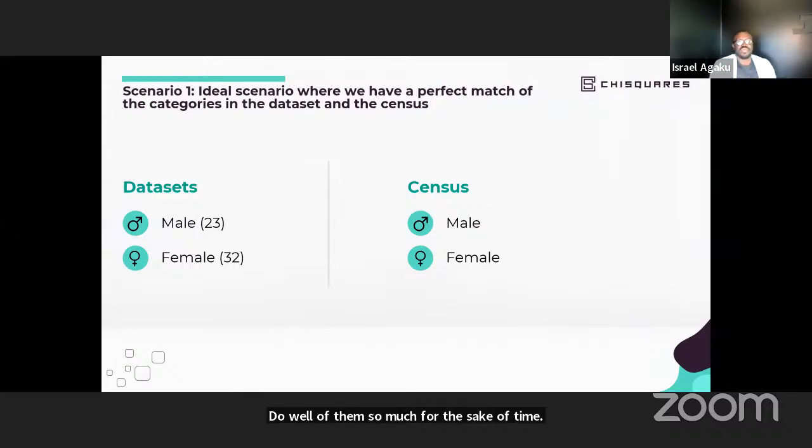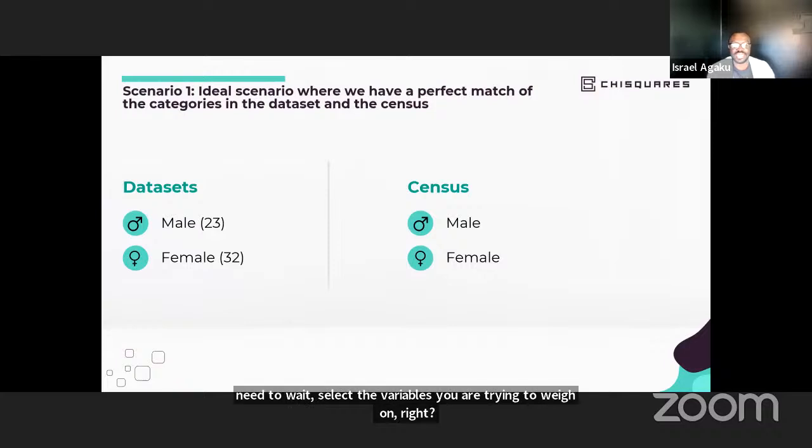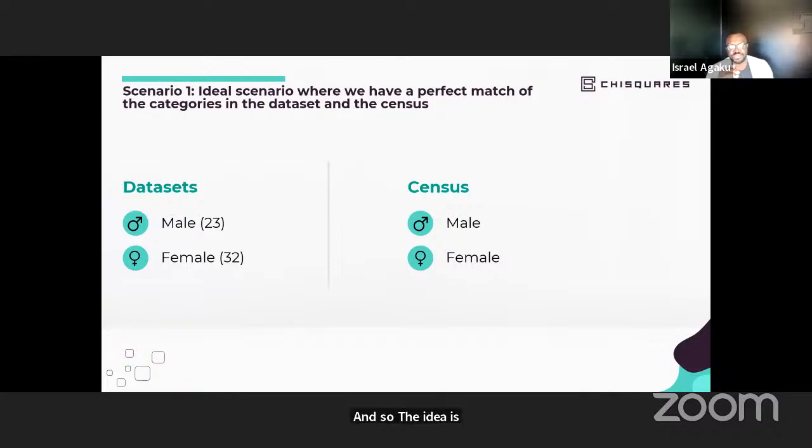Now, when you are creating weights, you need to select the variables you are trying to weight on. The idea is that your data set has certain characteristics in it that differ from the population. So the first step is you want to take a tabulation of some key variables like demographics: age, sex, race, education.